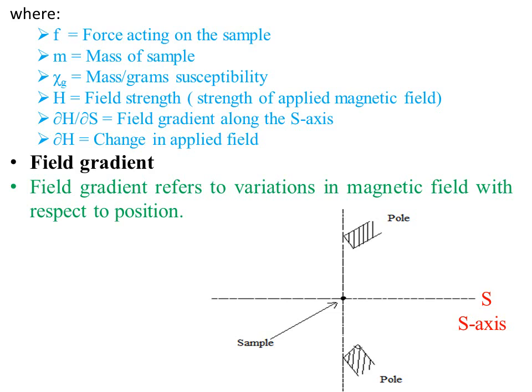Field gradient refers to the variation in the magnetic field with respect to position, and again the same diagram is presented here. One thing has to be mentioned, that is S, the axis of center of symmetry.